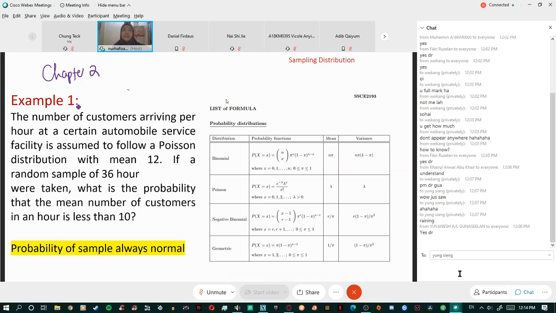Even though here, in example 1, the number of customers arriving per hour follows a Poisson distribution, based on the central limit theorem, if the random sample size is more than 30, that sample is automatically normally distributed. So remember how to find the probability of the sample mean for example 1.